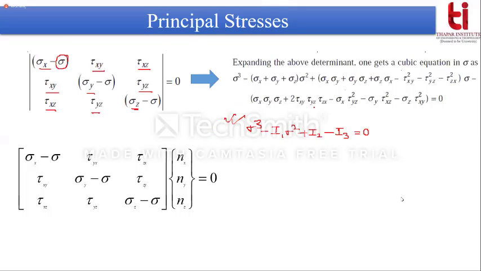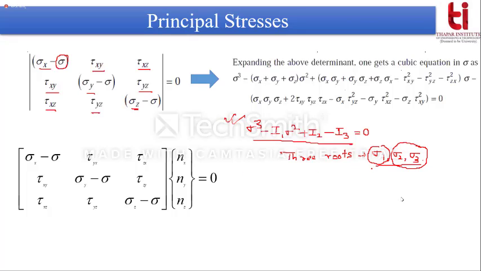Now, by solving this cubic equation, we will get 3 roots, and these 3 roots are nothing but the principal stresses, which can be designated as sigma 1, sigma 2 and sigma 3 if we arrange them in descending order. Once we evaluate sigma 1, sigma 2, sigma 3, our evaluation for principal stresses is done, right?